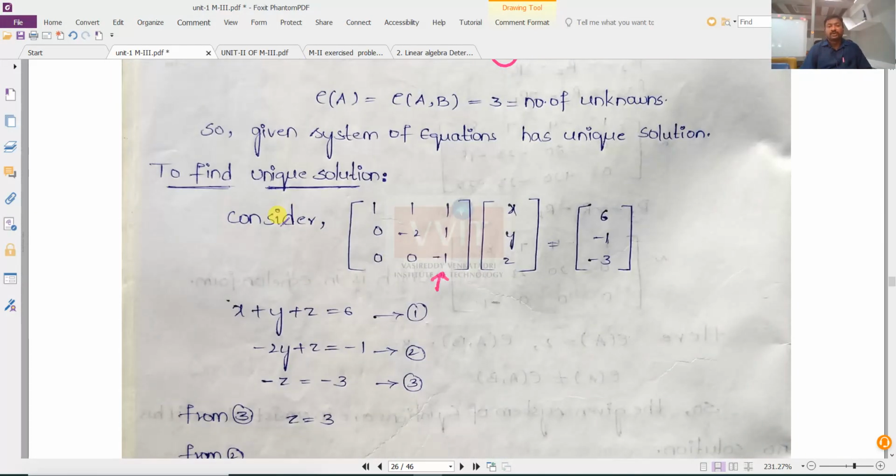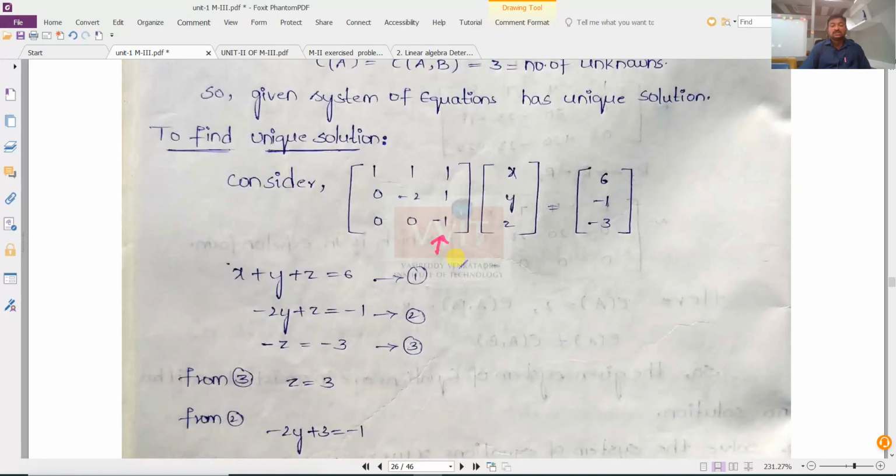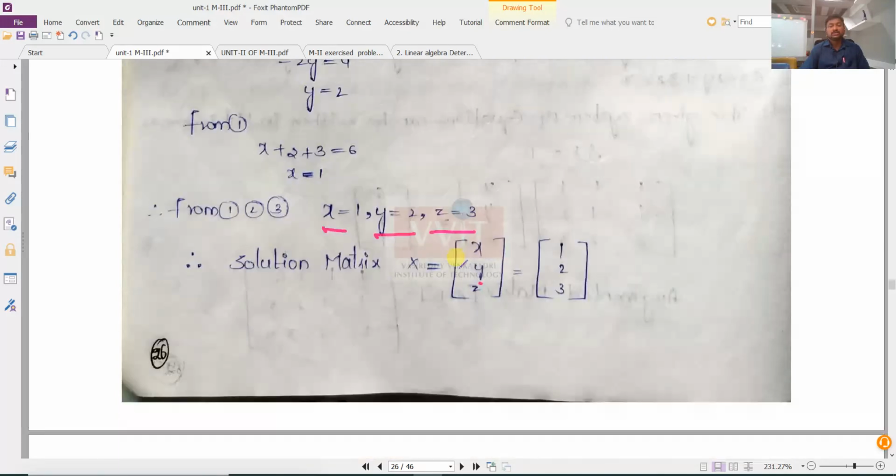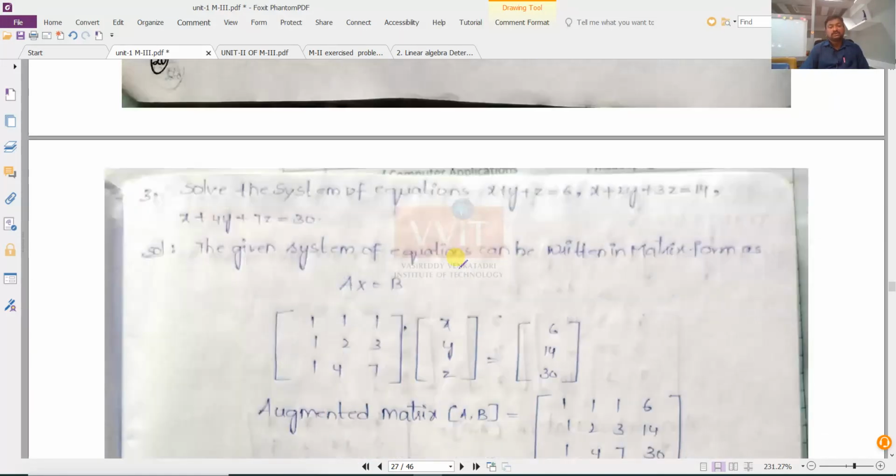So far we completed a linear system with inconsistency and a linear system with consistency with a unique solution. Even in consistency with infinitely many solutions, the procedure is the same, but in that one I need to assume some arbitrary constant. If you can complete that, you'll get it easily.